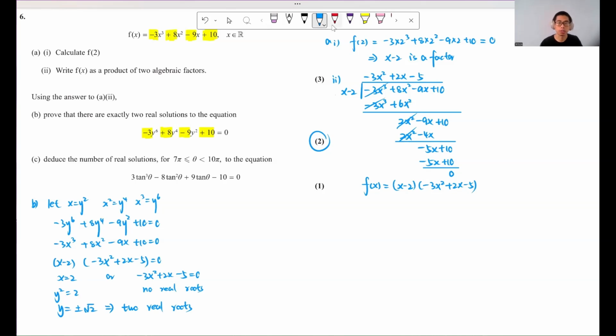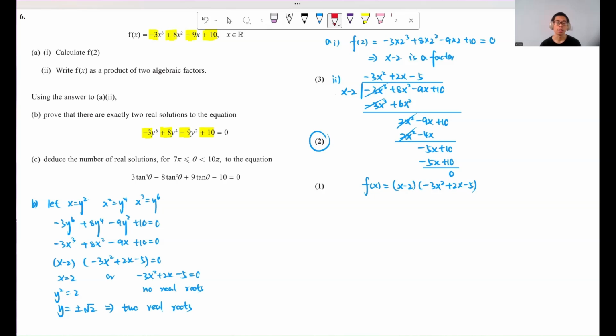And then part C: deduce the number of real roots for theta between 7 pi and 10 pi to the equation 3 tan cubed theta minus 8 tan squared theta plus 9 tan theta minus 10 equal to 0. For this one, again, if you compare the coefficients, they're basically the same. Instead of negative 3, this is positive 3. Instead of 8, this is negative 8, and then negative 9 becomes positive 9, 10 becomes negative 10.